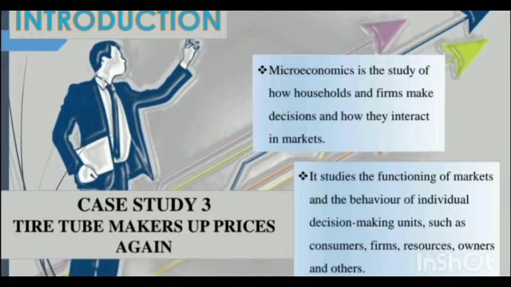It studies the functioning of markets and the behavior of individual decision-making units such as consumers, firms, resource owners, and others. And today we will present case study number 3, about tire tube makers up prices again, based on the concepts and theories we have learned.